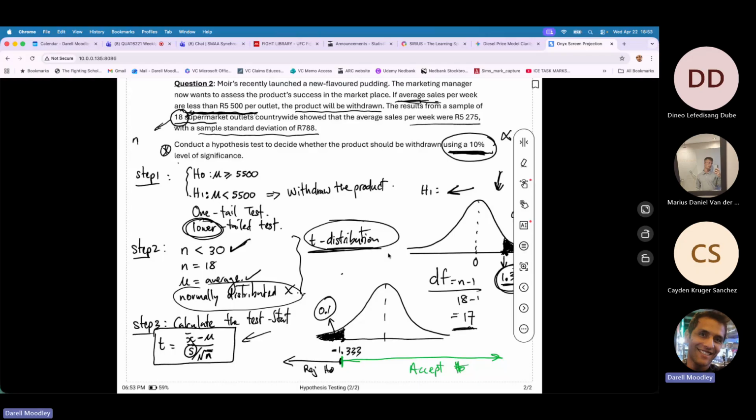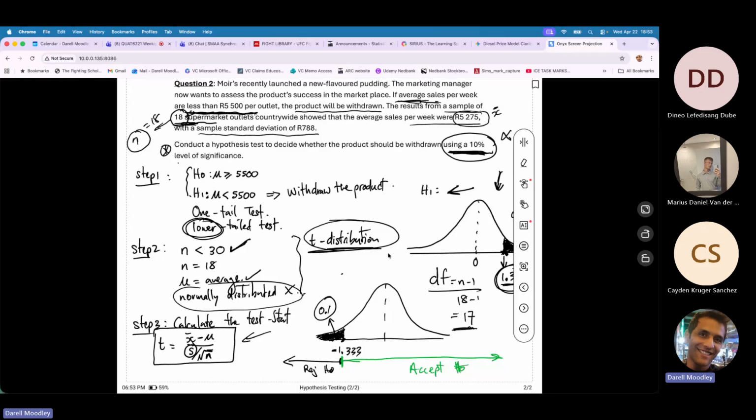For instance, your x bar, it's the average of the sample. And if you read your text, it tells you that there was a sample of 18 supermarkets, so that's your n, which is 18. Of that 18 samples, the average of that sample was this. So this is your x bar, your sample mean, 5275.